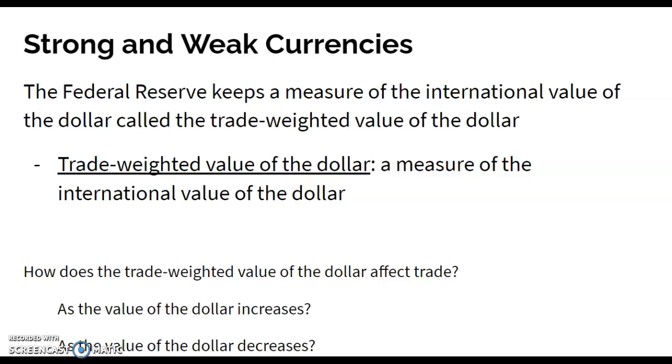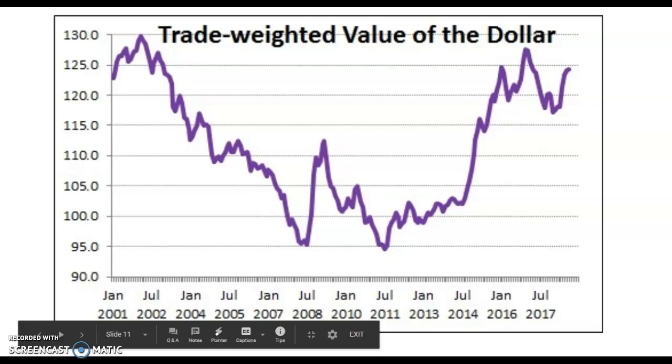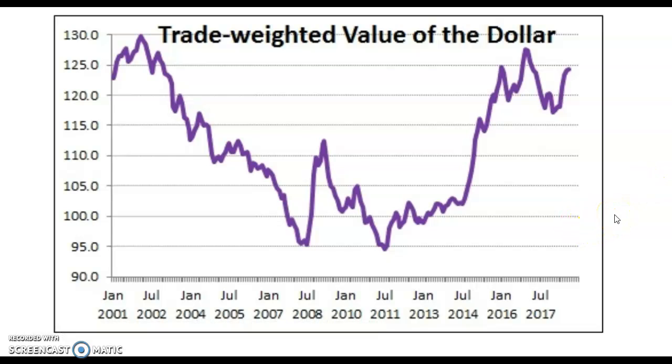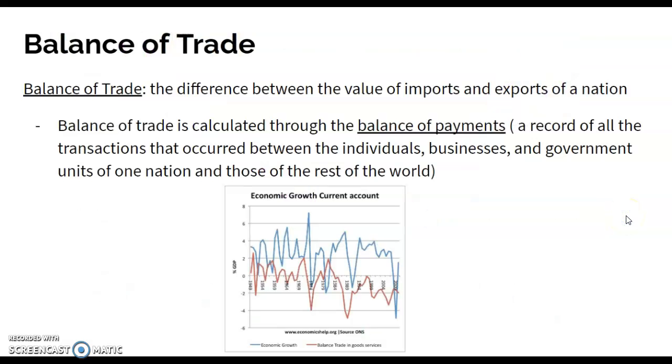But if the value decreases, we don't seem as good a trading partner. Okay, and this is just demonstrating how that has changed over time for the trade-weighted value of the dollar.